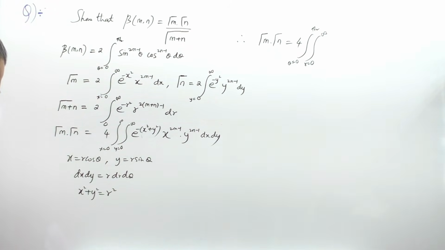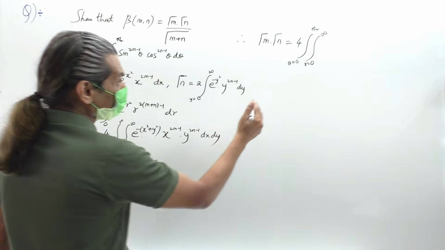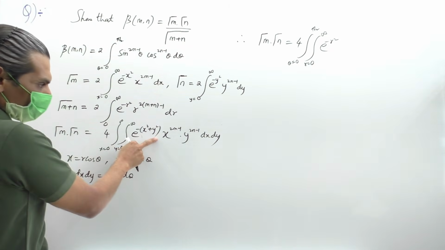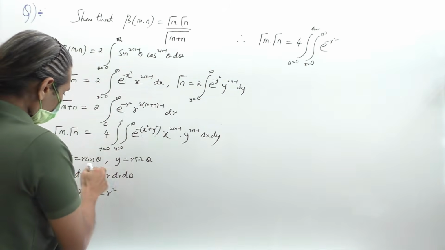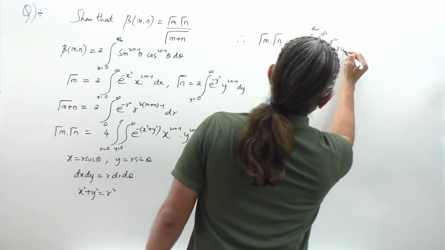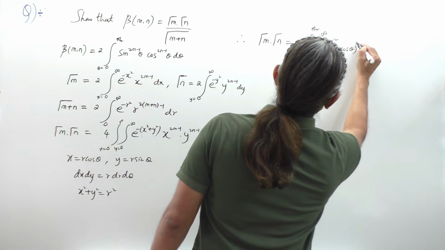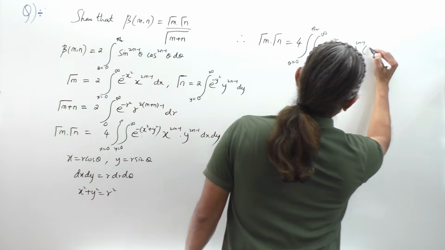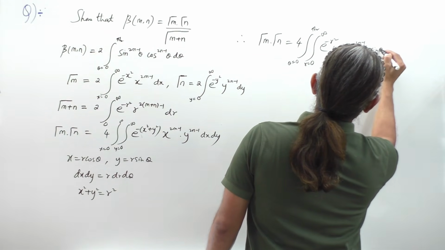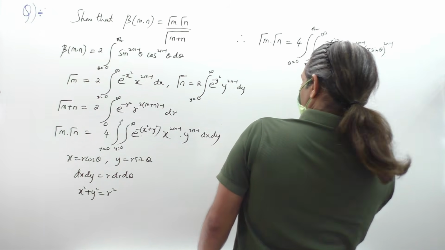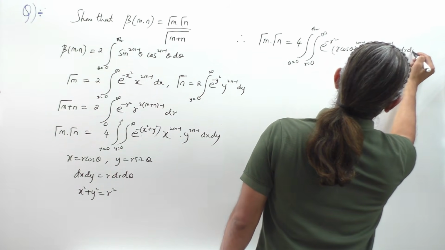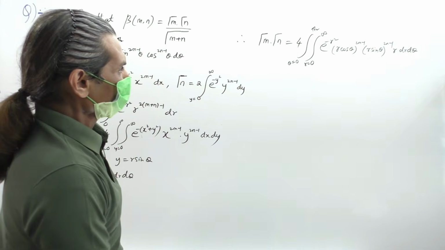Therefore, now what you can do is, this becomes e raised to minus r square, because x square plus y square is r square. What is x? R cos theta, r cos theta raised to 2m minus 1 into y is r sin theta raised to 2n minus 1 into, see, dx into dy is what? R dr d theta. I hope it's clear. Now let's solve this.